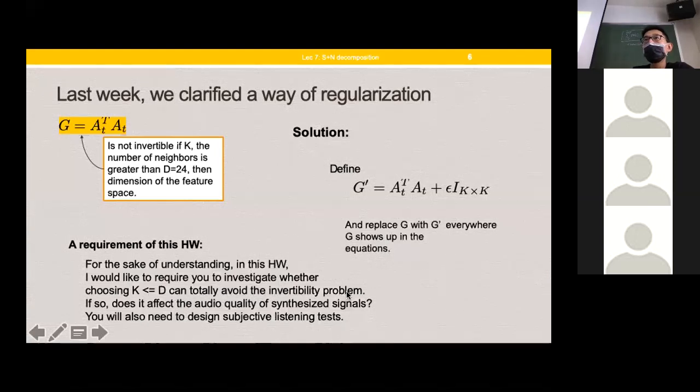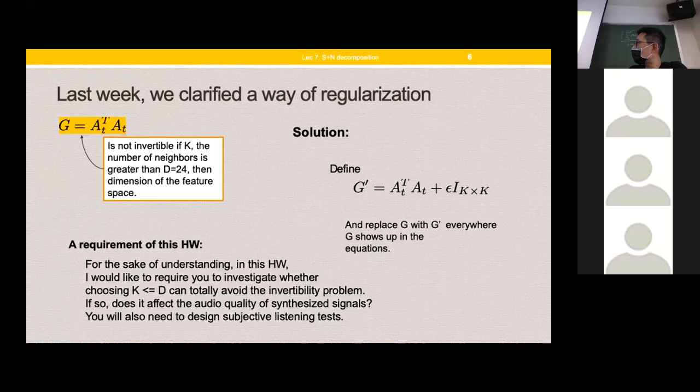Now if what I say is correct, then if this is doable, I am curious, and you guys can help me clarify, whether or not that would affect the audio quality of the synthesized signal, choosing either a large number of neighbors or a small number of neighbors. A smaller number of neighbors is easier to solve. Inverting a matrix is much easier.